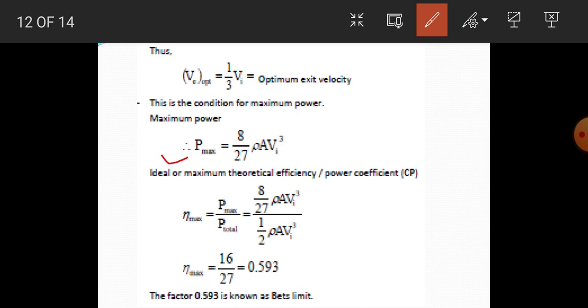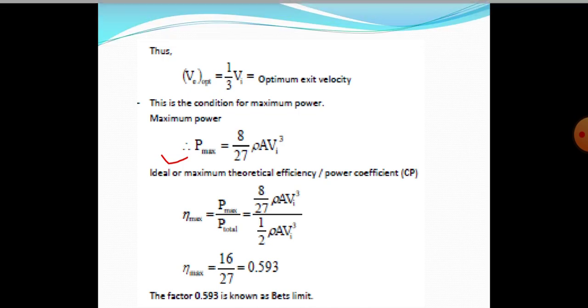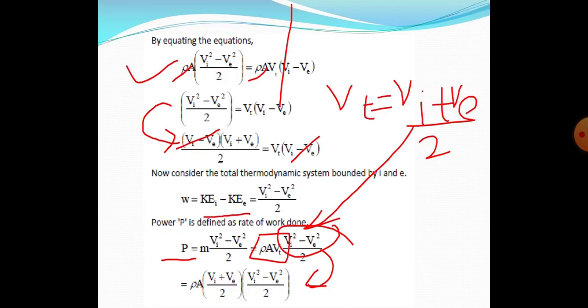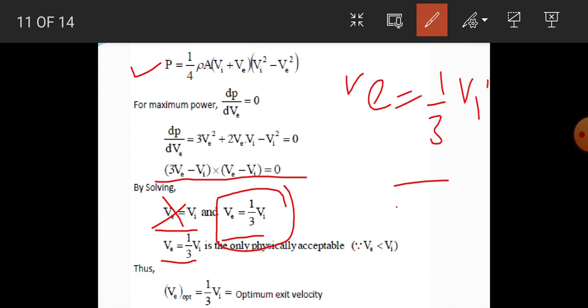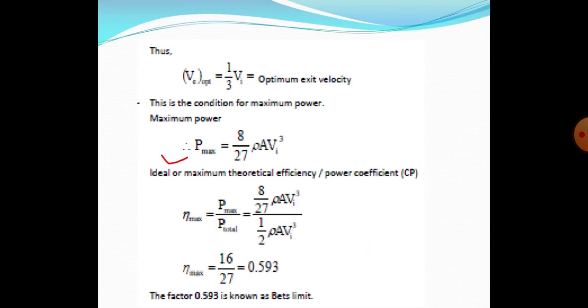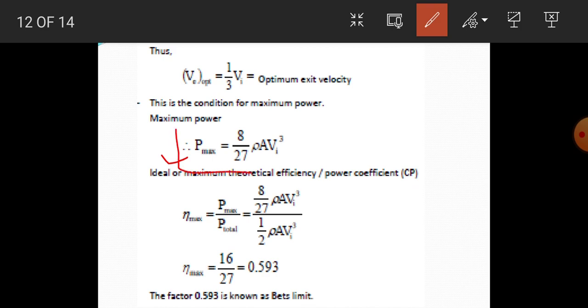In the previous equation that we got, we are putting the value of ve is equal to 1 by 3 vi. After putting that value, we get the maximum power, that is 8 by 27 into rho A vi cube.